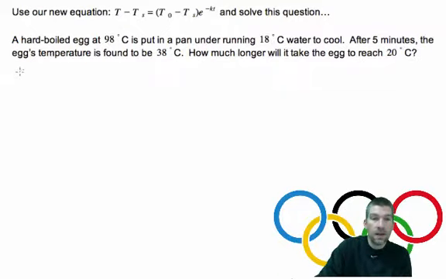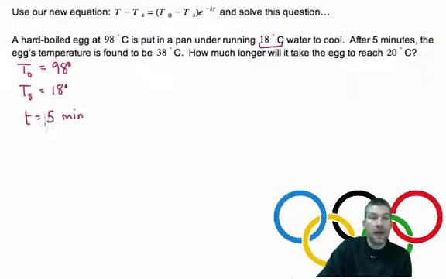Well, here's the deal. T0, our initial temperature, is 98 degrees. Okay? The surrounding area in this case is the 18 degree water. So Ts is equal to 18 degrees. All right. We're told that our time is 5 minutes.